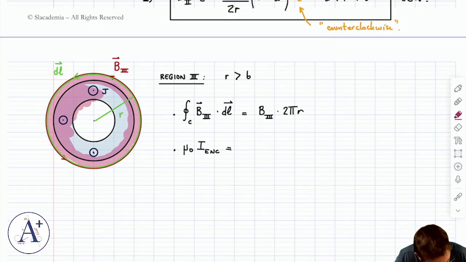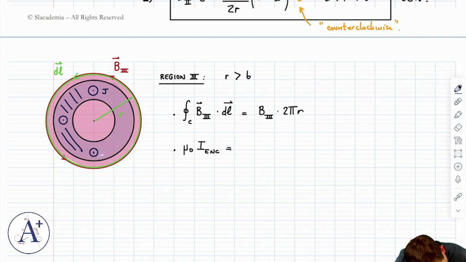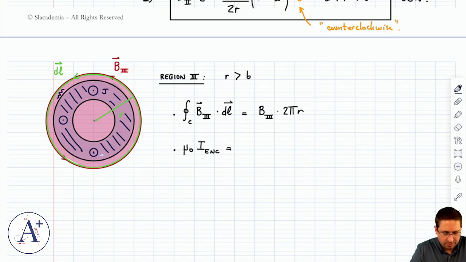It only matters what the cross-sectional area of the conducting material is. In other words, the only area that matters is the area of this ring here, not anything in here or anything in the gap between the cylindrical shell and my Amperian contour.